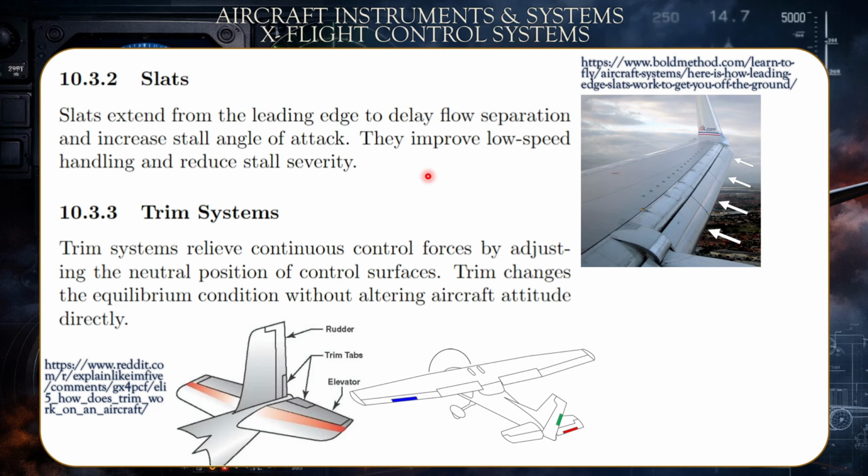They extend in order to provide more lift to the aircraft at lower airspeeds, allowing it to lift off from the ground at lower airflow velocities. This would allow the aircraft to actually separate from the ground and fly off.